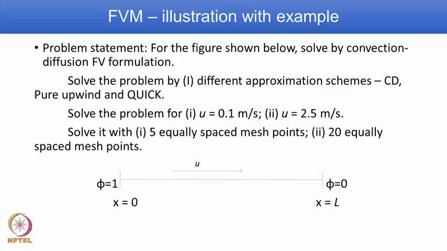So, to understand how this mesh spacing also influences accuracy, we have another case: solve the problem with two different mesh size, one for 5 equally spaced mesh points, another 20 equally spaced mesh points. Now, in the further illustration, we will not do all the combination, we will only look at few combinations and get an idea of performance.